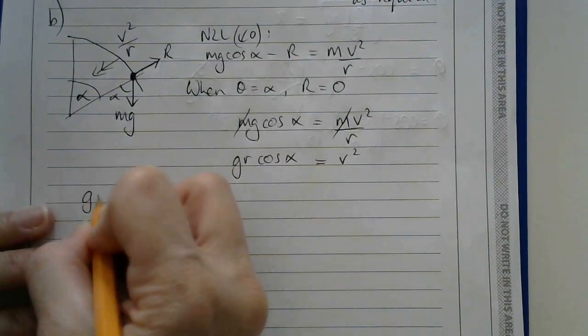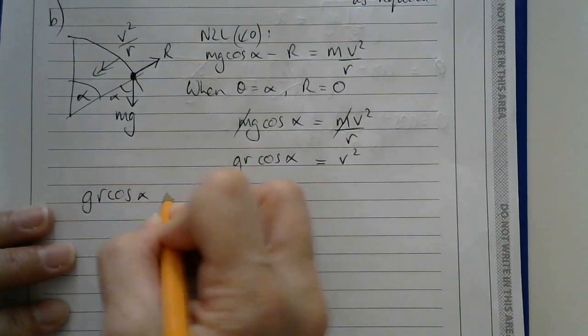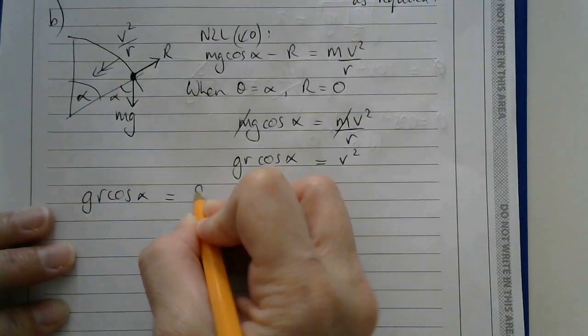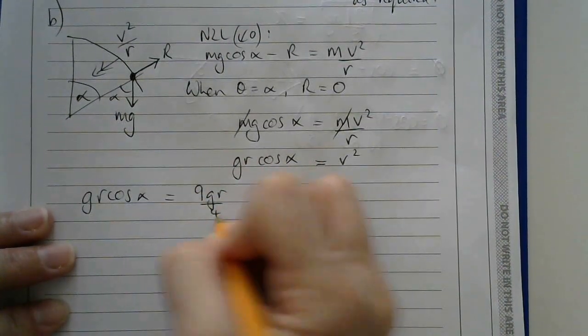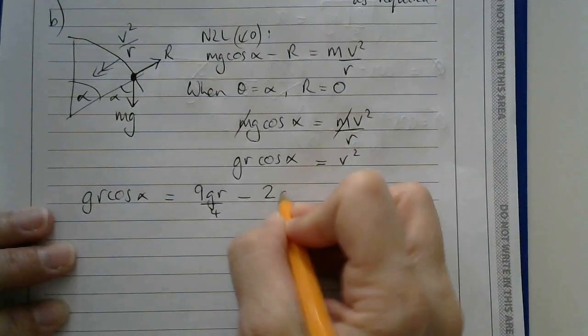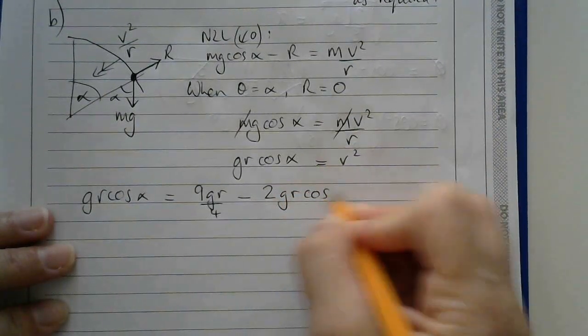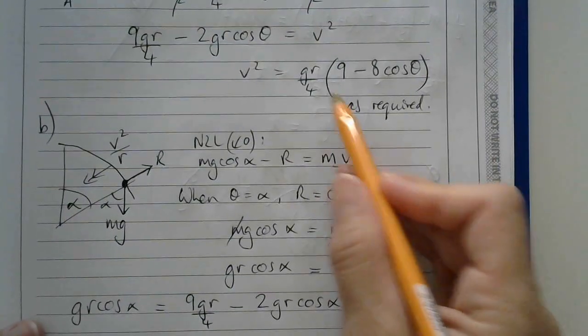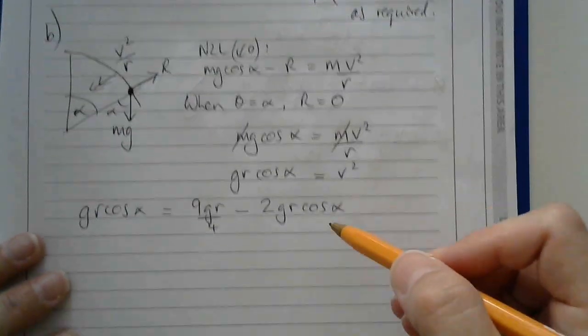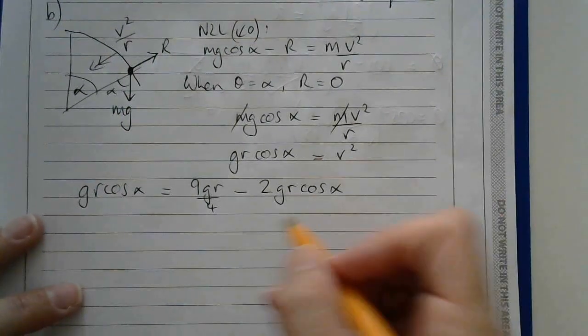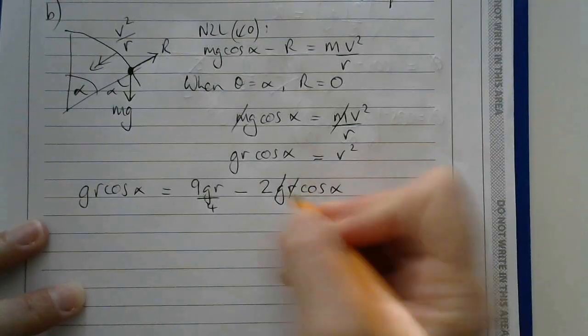So I get gr cos alpha equals 9gr over 4 minus 2gr cos alpha, and that's just multiplying out these brackets here straight away so I can make a bit more progress. Okay, I can now divide everything by gr.